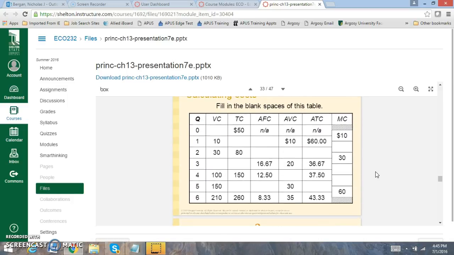Here's another thing, filling in the blanks. Filling in the blanks could be very challenging to some people. But for example, you notice variable costs are going to be 0 right here. Total cost is 50 when there's nothing being produced. So 50 plus 10 is 60. And then 60 to 80, that would be 20.